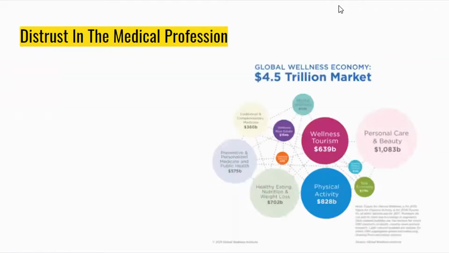But the wellness industry itself is a huge industry, 4.5 trillion globally last year. And that includes everything from physical activity, nutrition, alternative remedies, herbal remedies, natural remedies, etc. All this stuff is still making people a hell of a lot of money.